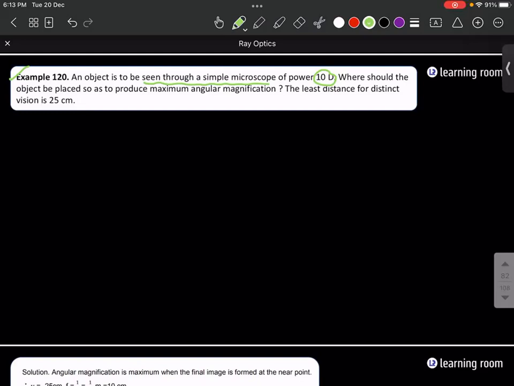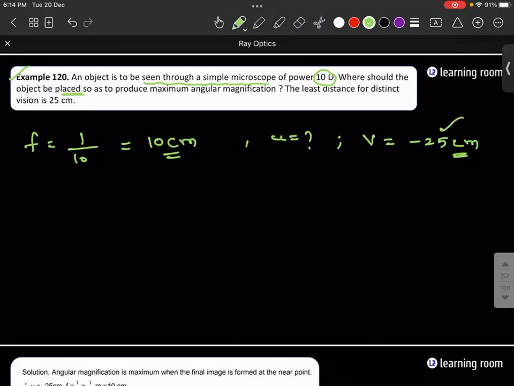An object is to be seen through a simple microscope of power 10 diopter. Plus 10 diopter means obviously it is going to be a convex lens. So what is going to be the focal length? The focal length is going to be 1 divided by 10, which is 10 centimeter. Where should the object be placed? So u is equal to what? To produce maximum angular magnification, the image should be formed at the least distance of distinct vision. So v should be minus 25 centimeter, because a simple microscope will always form a virtual image, and a virtual image will have the object and the image on the same side.